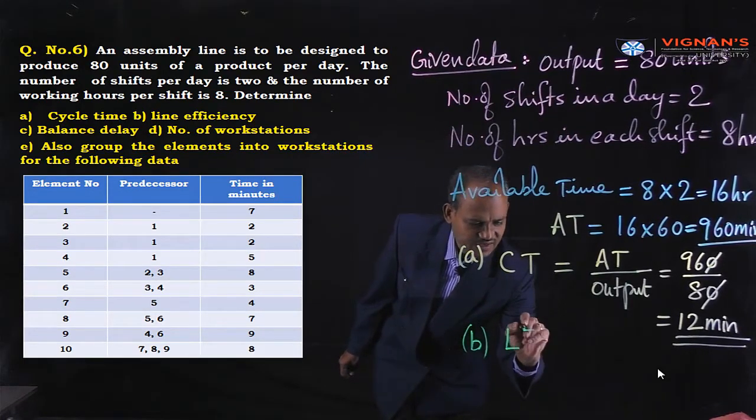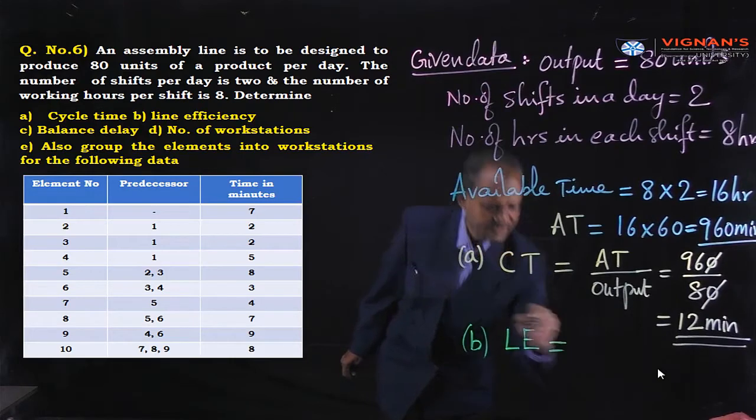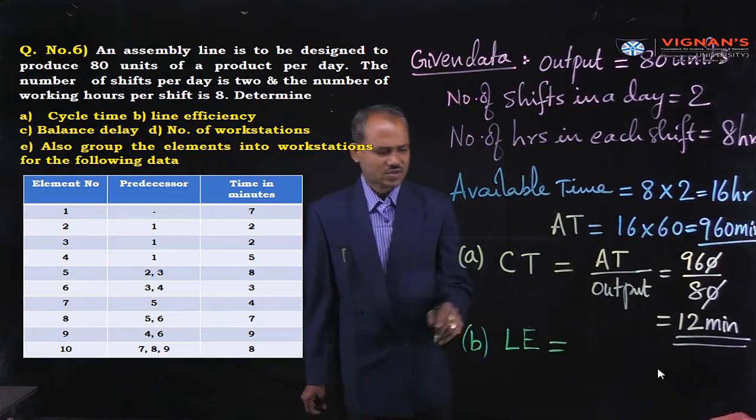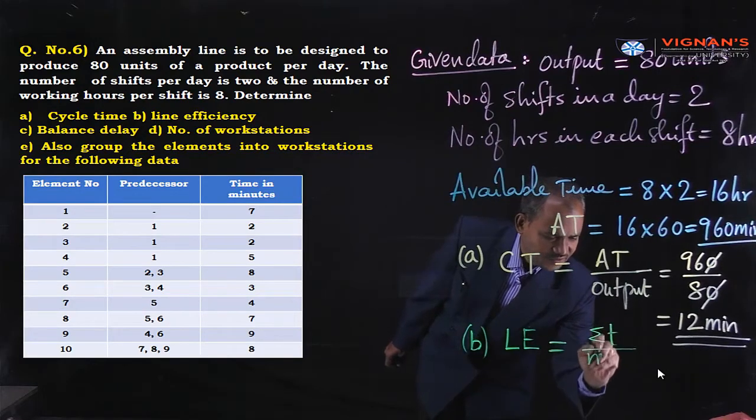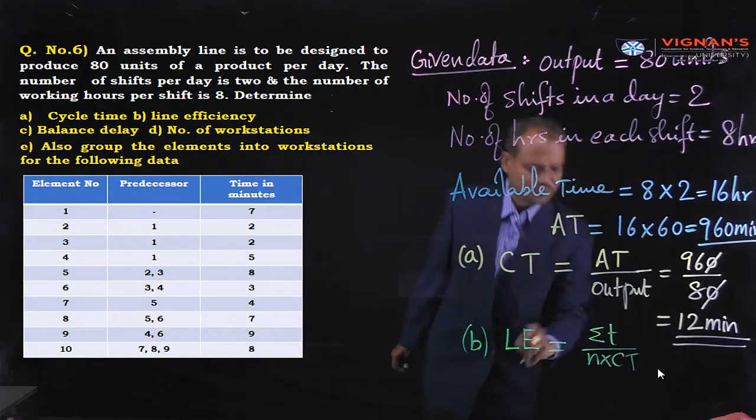Line efficiency is indicated by the symbol LE. LE is equal to sigma T divided by N into CT. This is the formula.